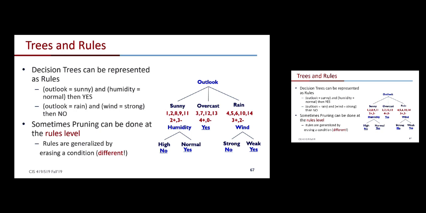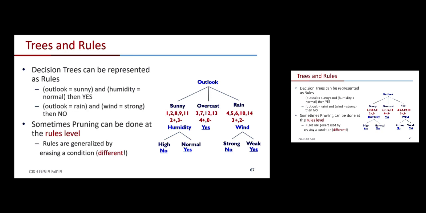Why is pruning at the rule level different than pruning at the tree level? Yeah. Does it have something to do with what level you're at? So if you prune, you could prune something that's much higher up in the tree on one branch than if you were sort of uniformly cutting the lowest level.